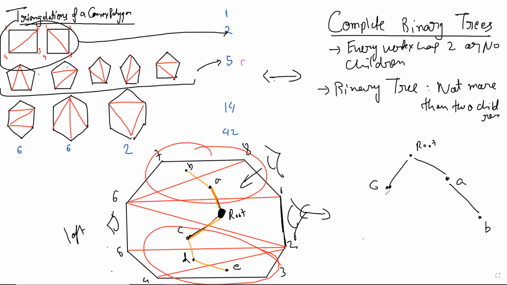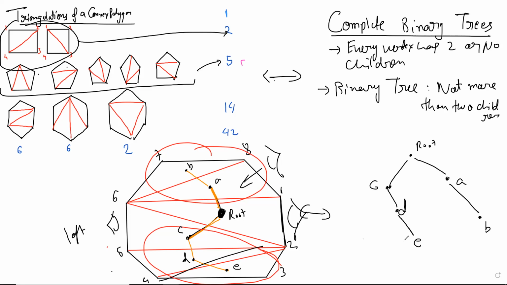So again, you will make D on the right side like this. And then you make E on the right side, again on the right. So you see, you get a tree. This is not a complete binary tree, but it's a binary tree.